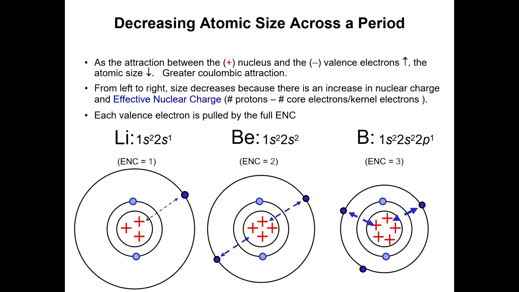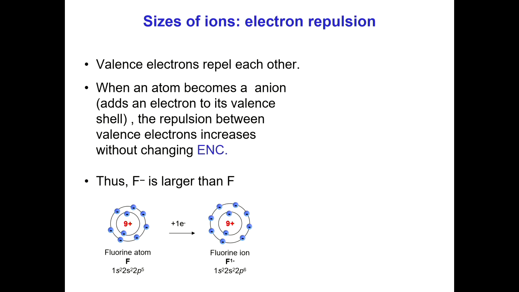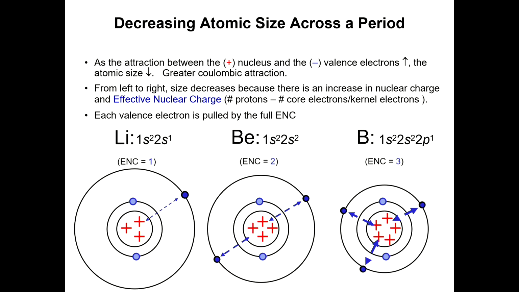So basically, it has a small radius. Okay, this is why from left to right, the atomic radius decreases, because for the valence electrons, the ENC number becomes big, so the attraction between the nucleus and the valence electrons becomes stronger.